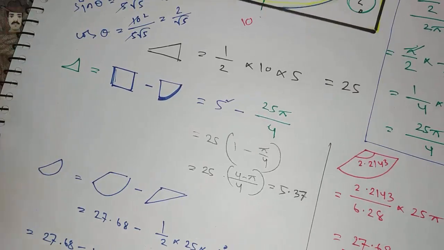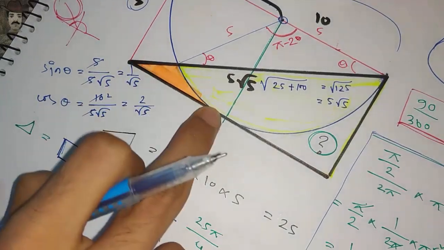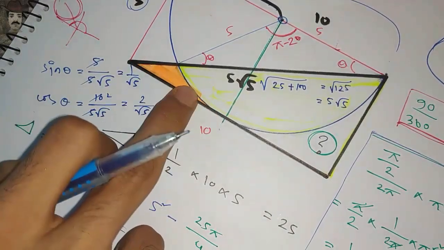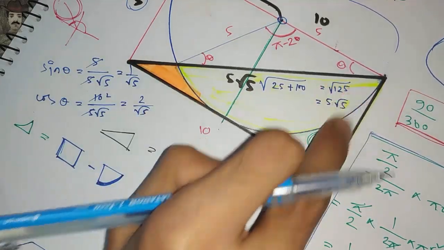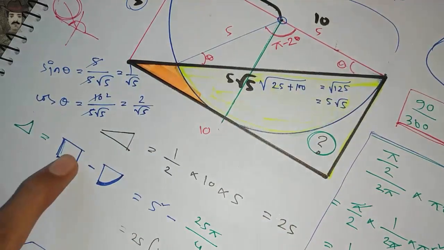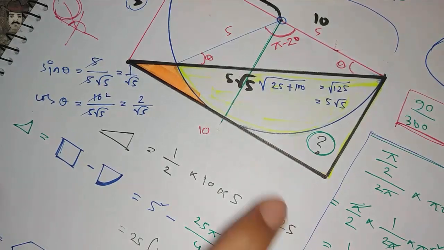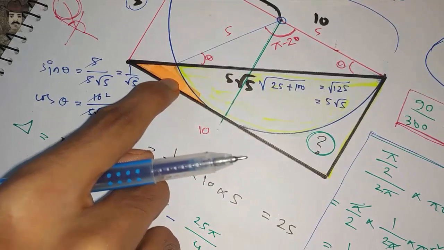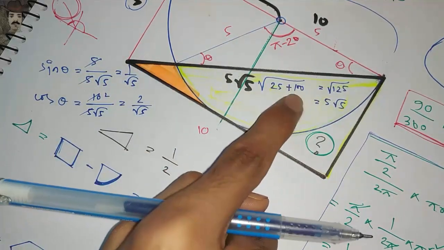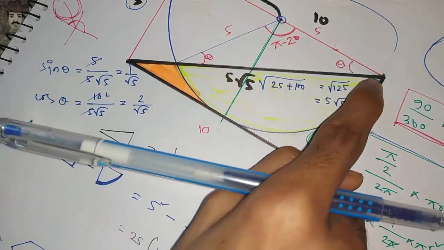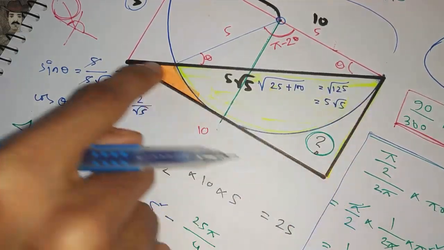Now, so far what we have done, our main target was to find out this area, and to find it, we first take the area of this triangle, which we have found to be 25. Then, if we want to find this orange area, we have to subtract this green region and this white region from the area of that triangle.